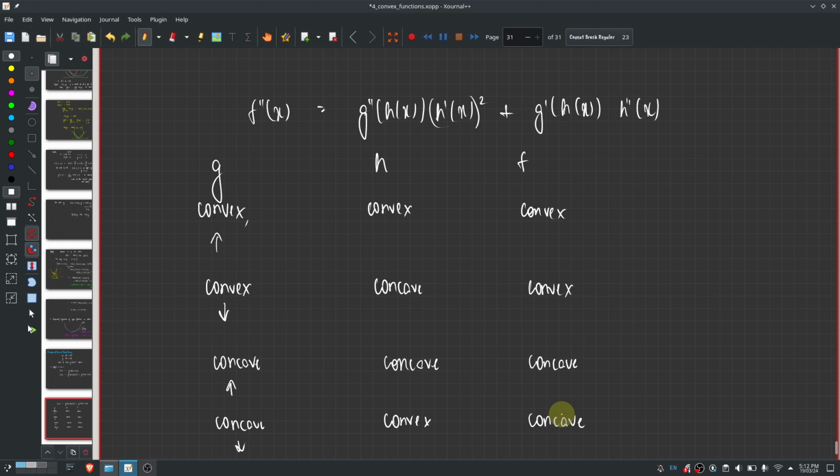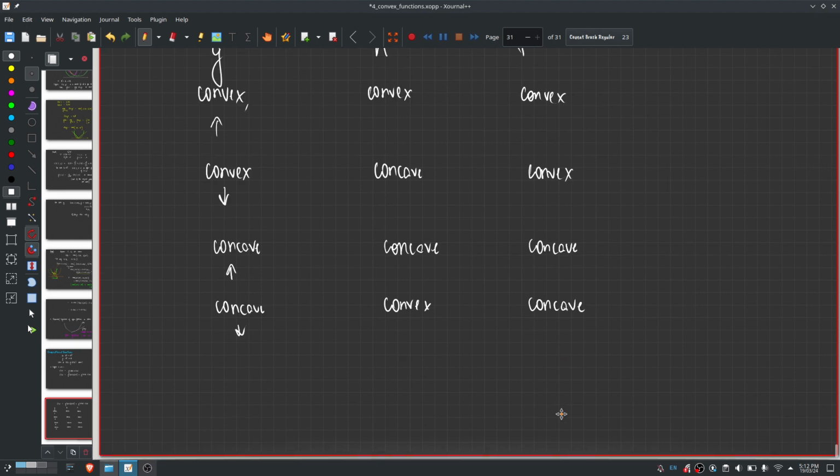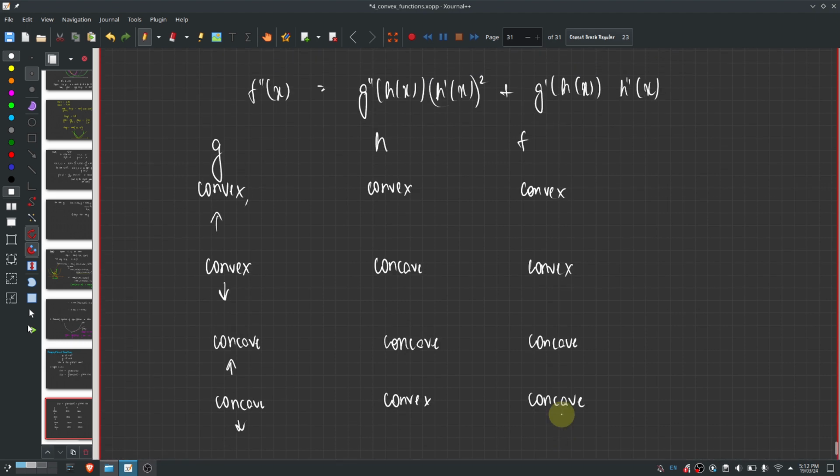But note that we proved all of this assuming that the first and second derivatives exist. But all of this holds even if the derivatives don't exist. Okay. So this was a way of guessing what the conditions are under which f is convex or concave. But you can prove this from first principles. Right?